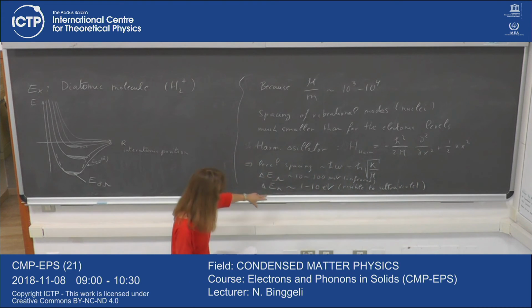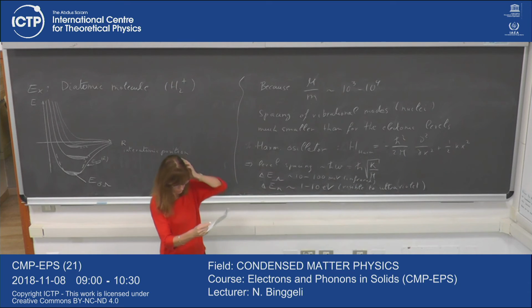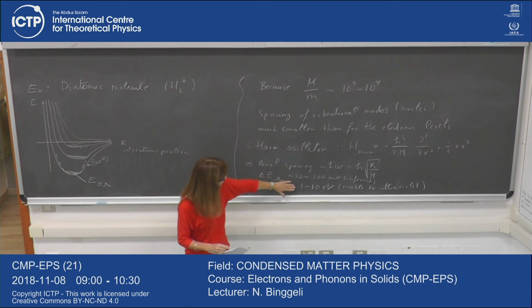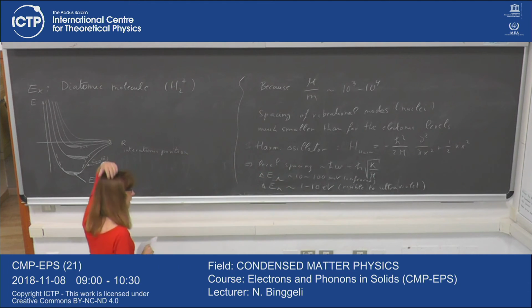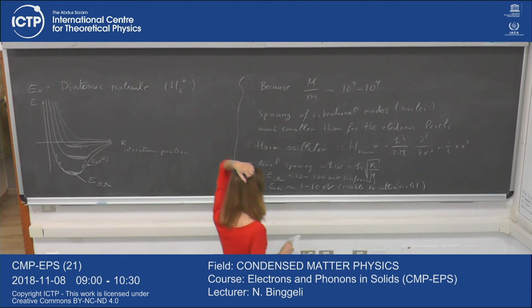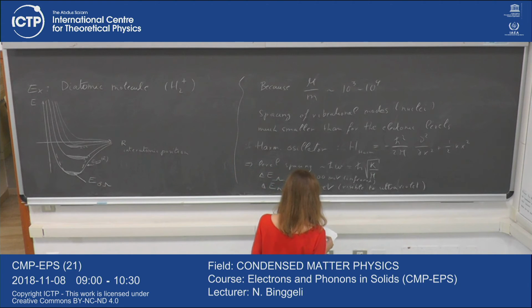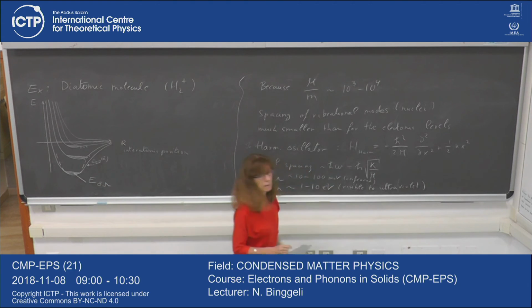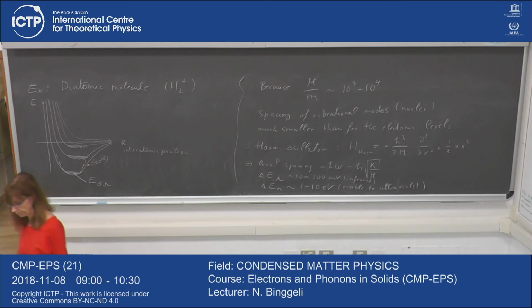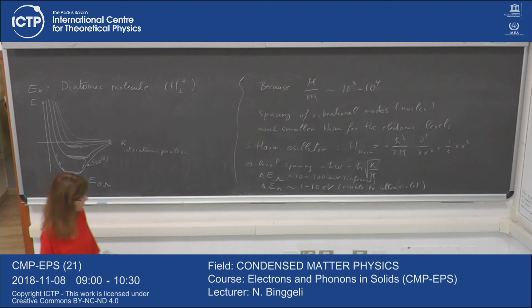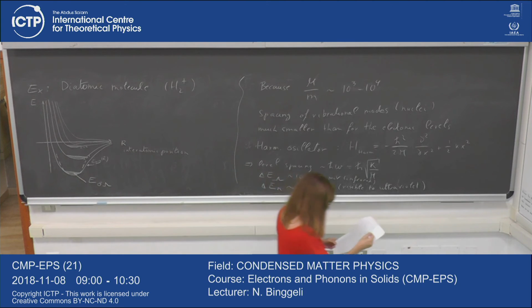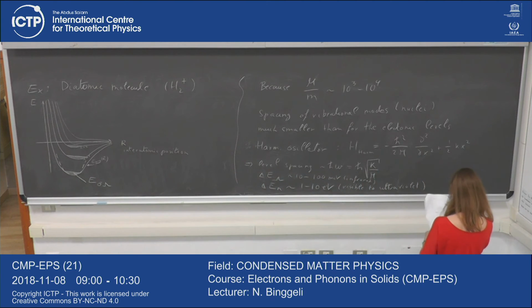So basically, we have a factor of at least 100 in the typical spectrum for these two types of modes, the vibrational modes and the electronic eigenvalues.